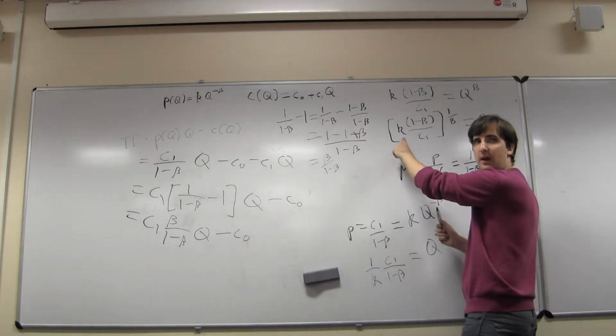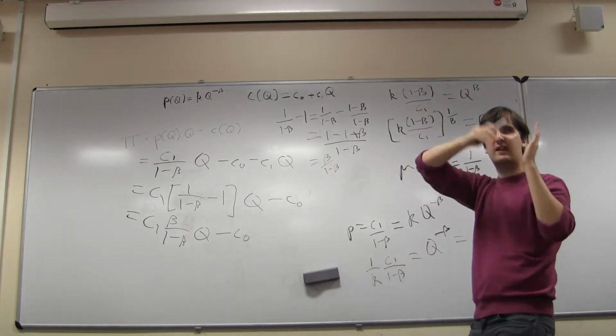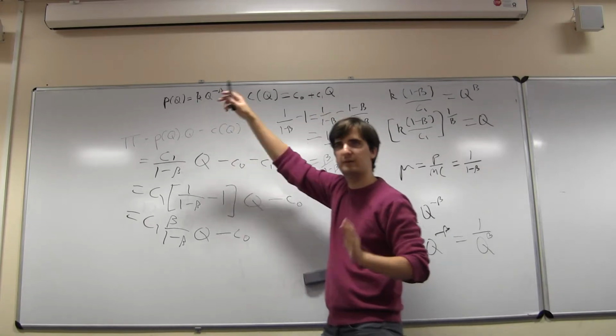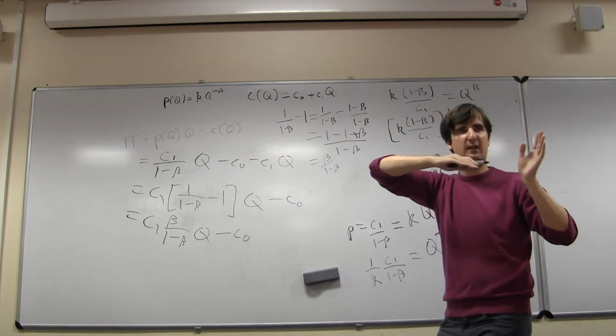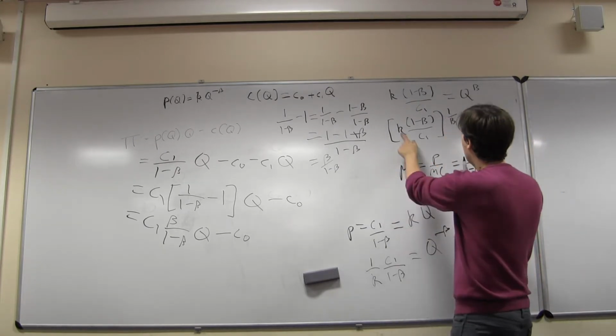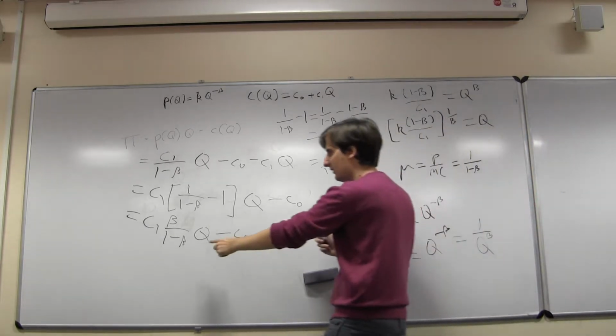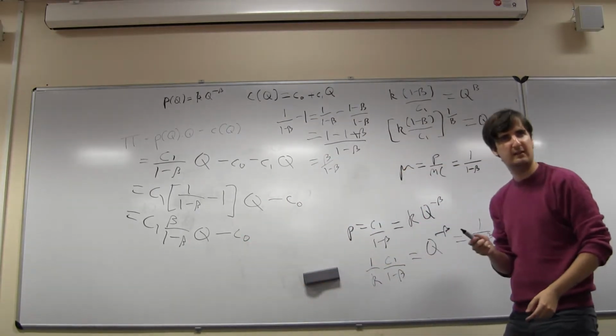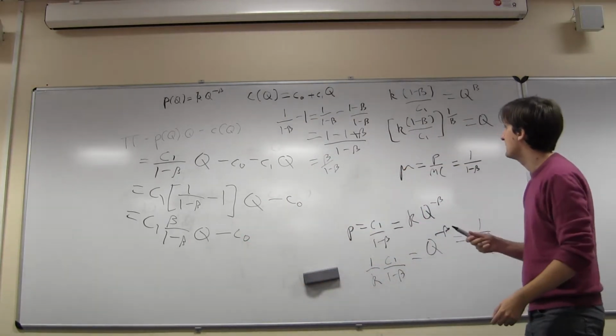So k is shifting demand. If k goes to 0, that means there's no demand for the product, right? This was our demand curve. So k goes to 0. It's like they're prepared to pay a price of 0 no matter what the quantity is. So k goes to 0, q goes to 0, profits go to 0, or minus C naught. So that makes sense, right?